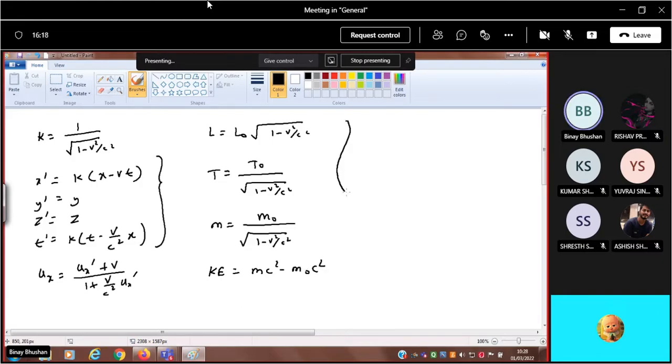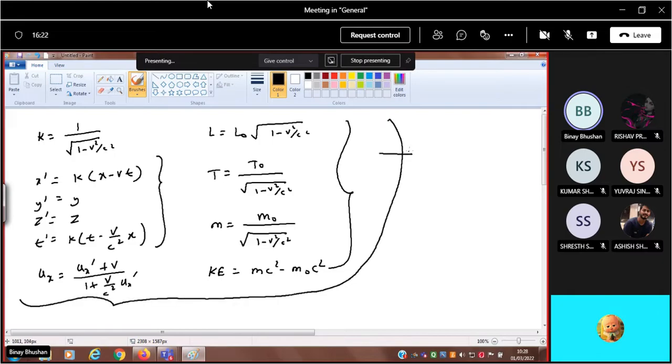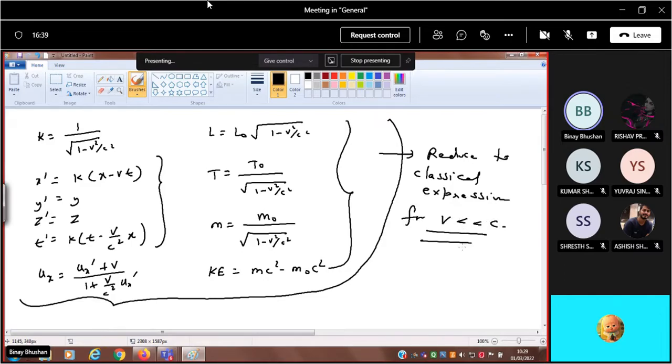Now you can see that all these formulas reduce to the classical expression for v very, very small as compared to c. Right? Is it okay?